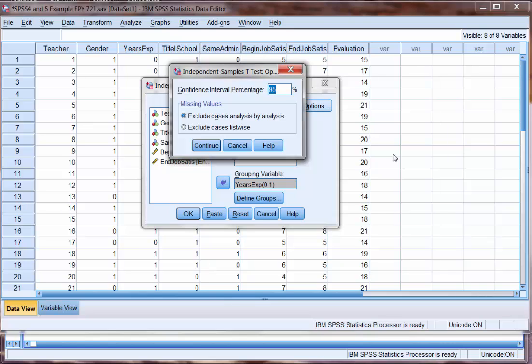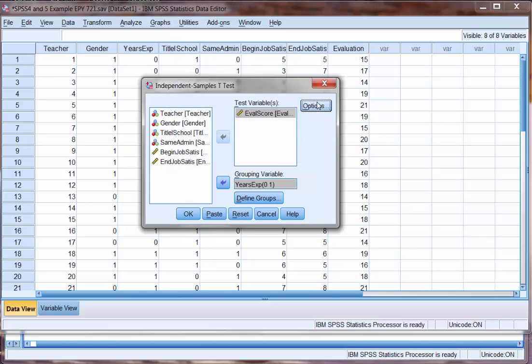So don't worry about that, how we exclude cases and different things like that, because remember, this is a cooked up data set that I made, so you're not missing anything. So I click continue. Now I've set my probability, I have my dependent variable, and I have my grouping variable in here. So now I'm ready to tell SPSS to do all of the work for me.